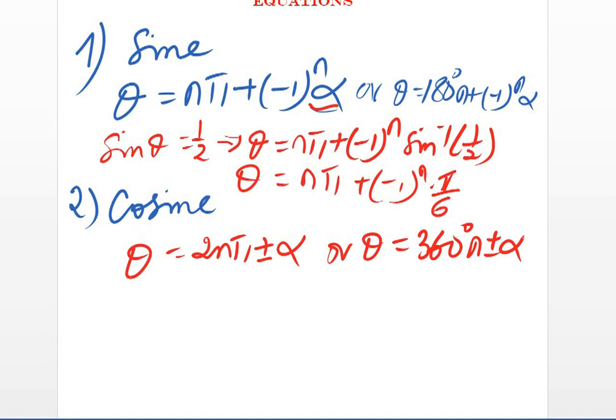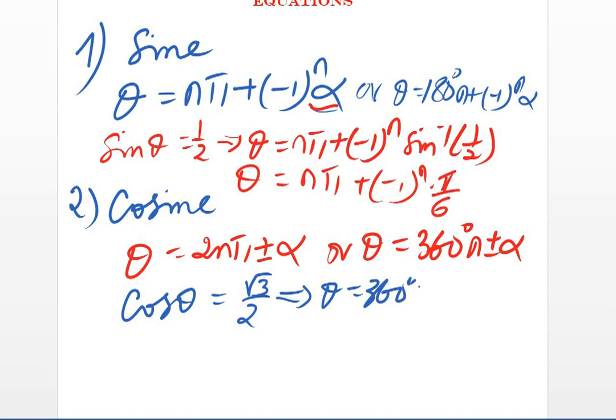Alpha being the principal angle, it means if you are given an equation of this nature, cos theta is equal to √3/2, for example, we go straight, our theta will be 360 degrees n plus or minus cos inverse of what?